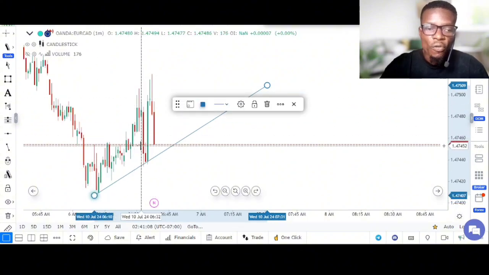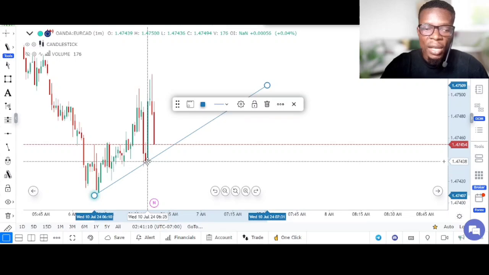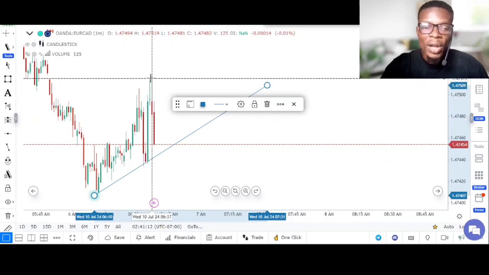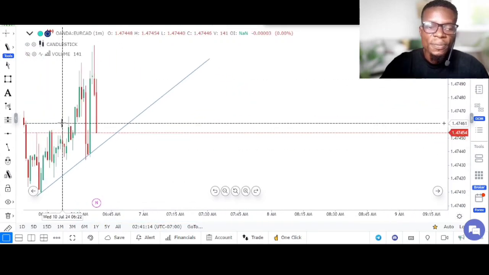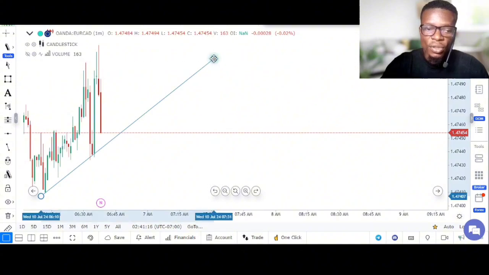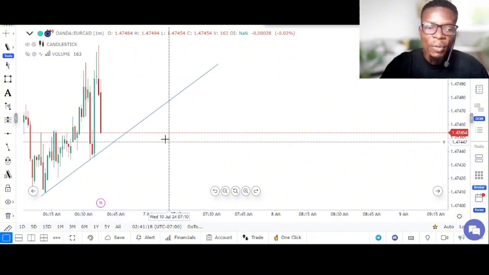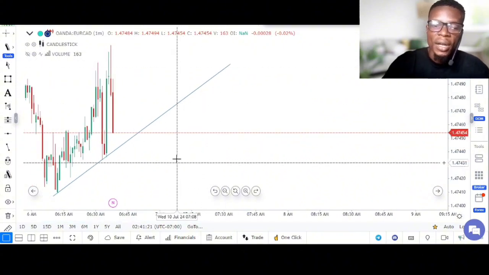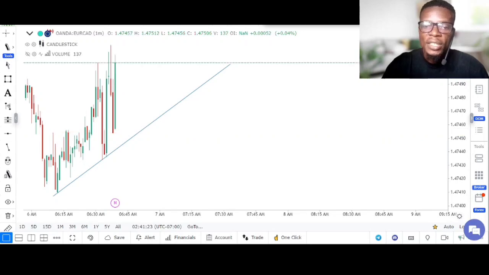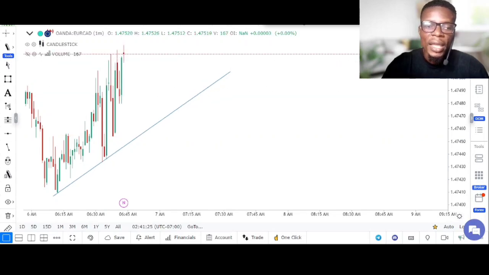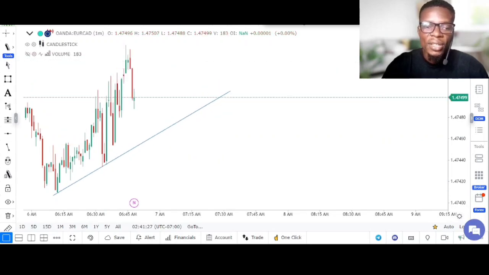From this new high, price created this new higher low. From this higher low, we have this higher high. So we can trust this support to be a strong support, and we can trust it to be our retracement guideline. So you can see that the price started to run and kept creating higher highs.